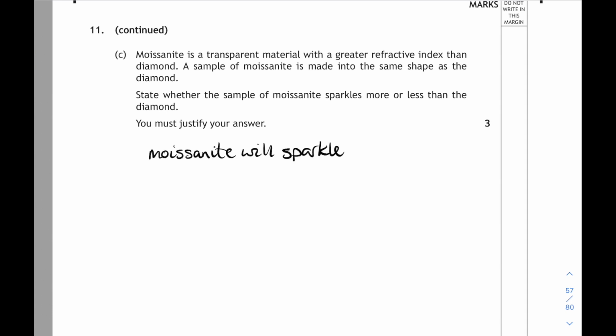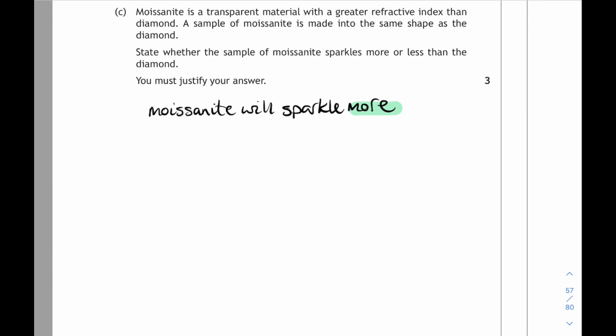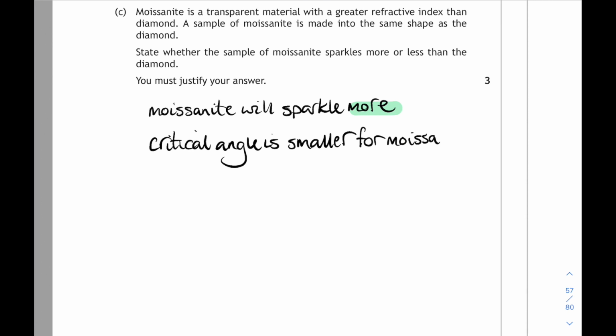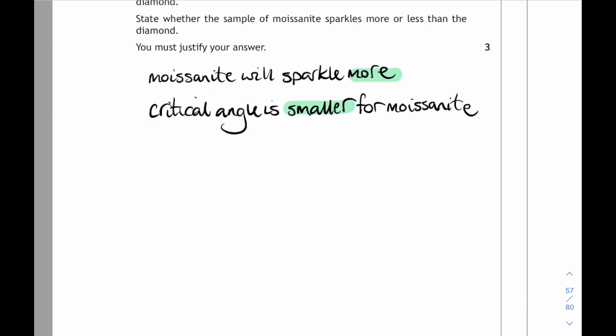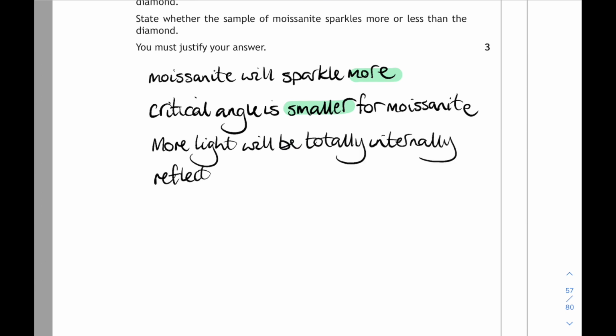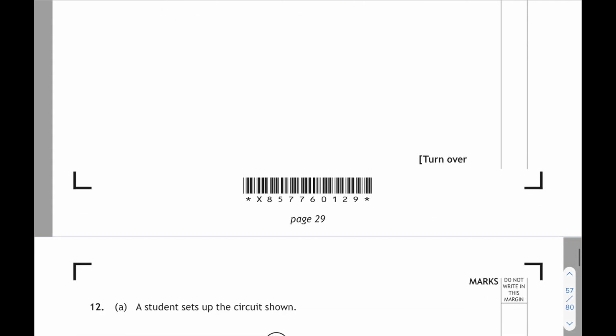So, moissanite will sparkle more than the diamond will. Why is that? Well, it's got a greater refractive index, so its critical angle will be smaller than diamond, and therefore more light will be totally internally reflected back towards the observer. And you could of course also support your justification there with a calculation using a larger refractive index.